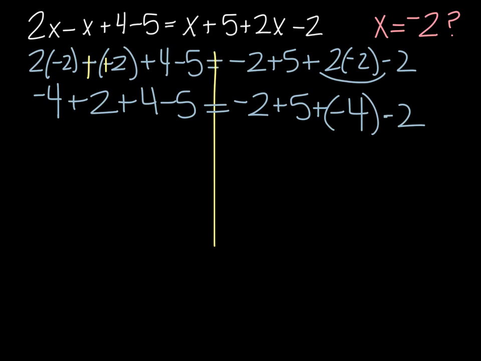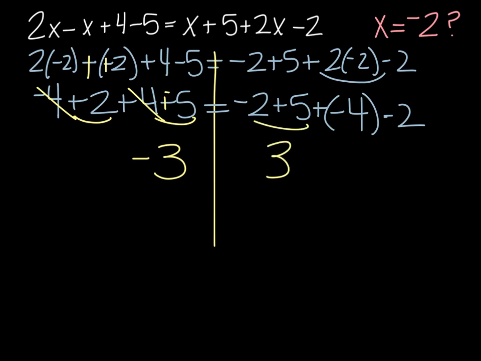All right, I'm going to jump back over to my left side here. I've got a negative 4 plus 4. That cancels. So then I have 2 minus 5, or 2 plus negative 5. Well, that is negative 3. Over on the right-hand side, I have negative 2 plus 5.